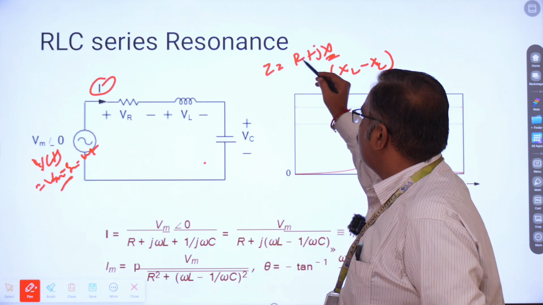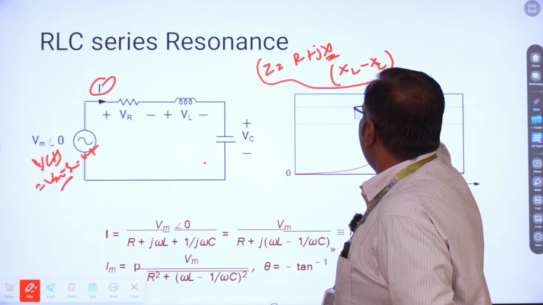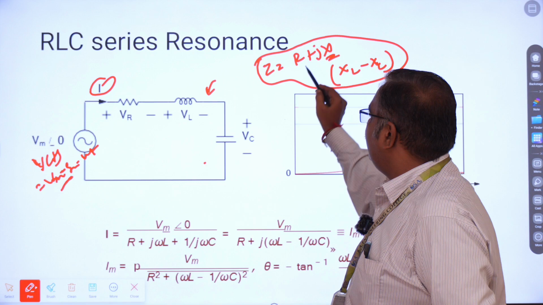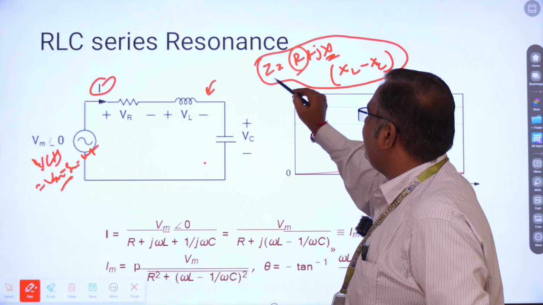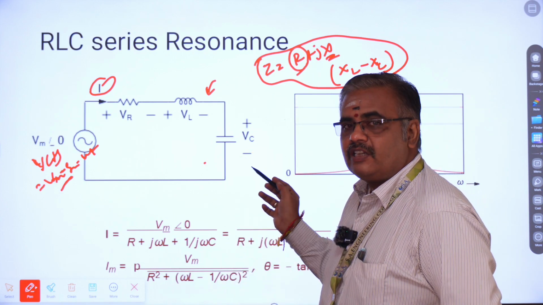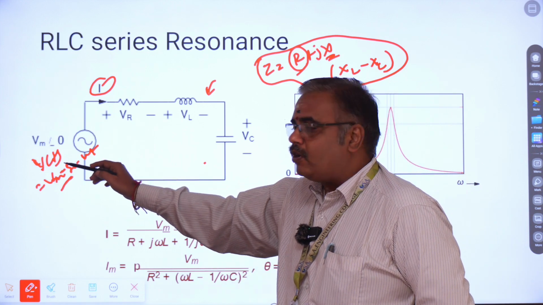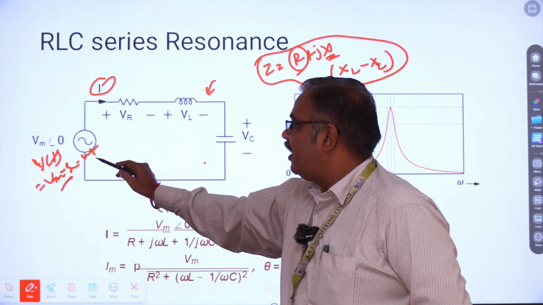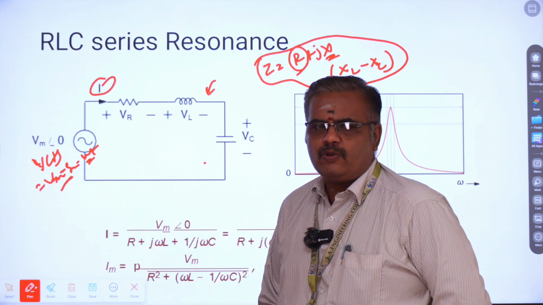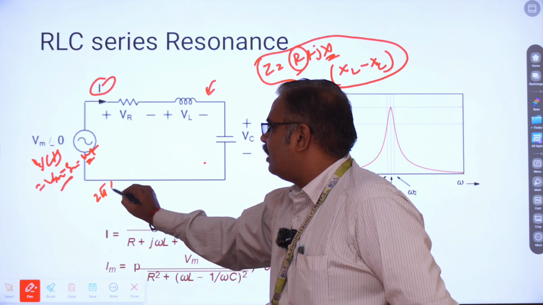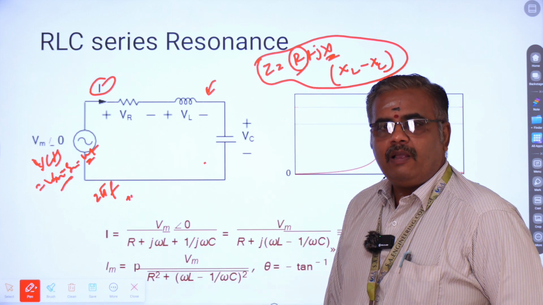Resistance is independent of frequency, but reactance depends upon frequency. Since it is a sinusoidal response, frequency takes part, where omega is the angular frequency, equal to 2 pi f.